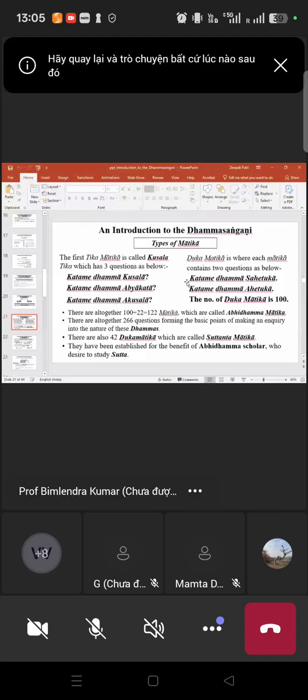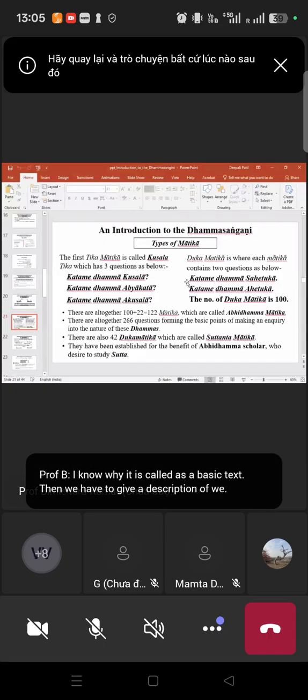How Matika has been discussed in the text Vibhanga, and how in the Dhatu Katha the 18 dhatus are discussed. How the matikas discussed in the 22 Tika matikas and 100 Duka matikas have been put in the Vibhangas, I will discuss first of all tomorrow.